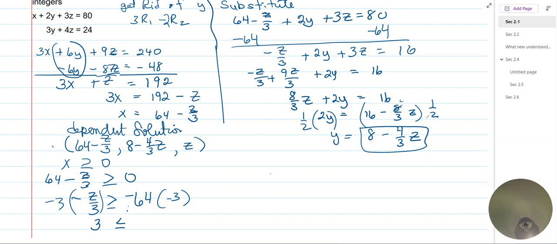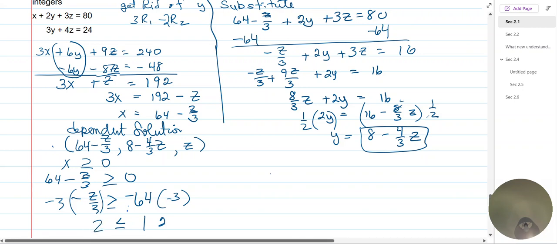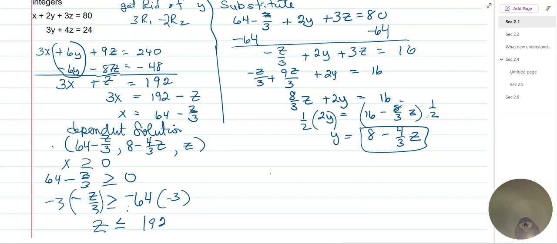What am I going to have here? I'm going to have a positive 12, 192 is z. All right. And so it is less than 192.